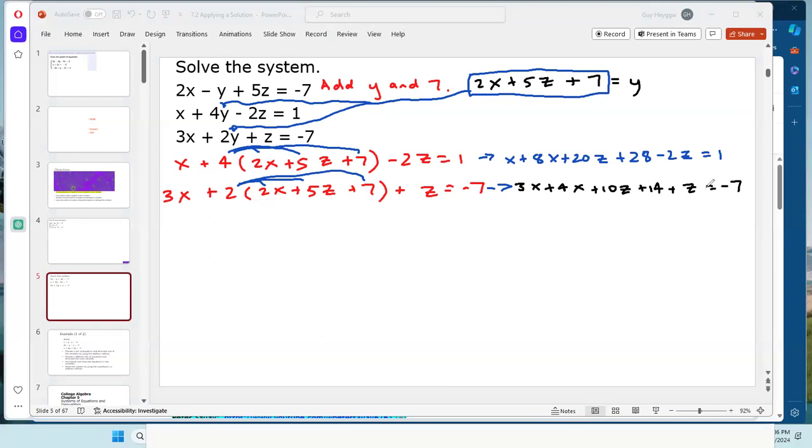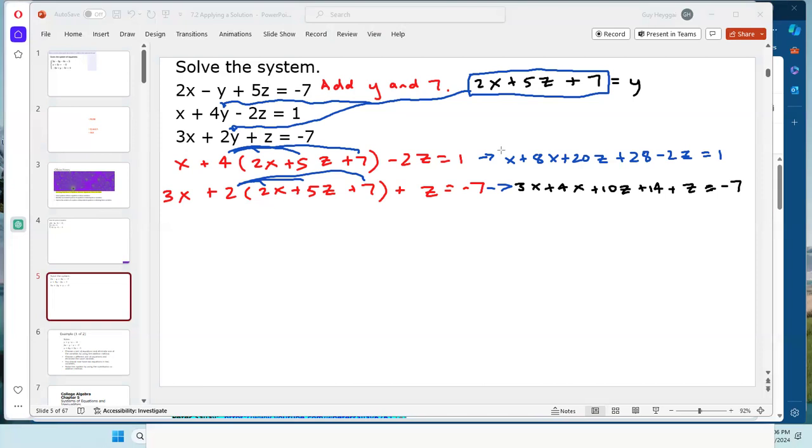Now, it doesn't seem like so much of a bargain yet. But of course, we are going to clean this up. And we have eliminated the y variable. So let's see.